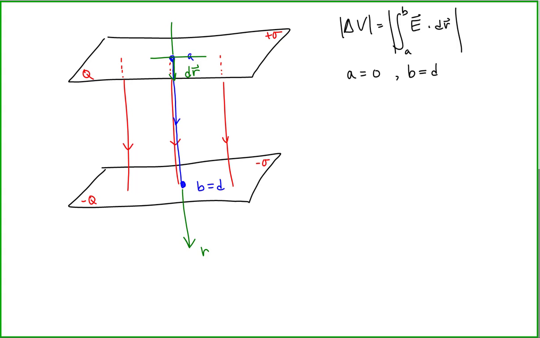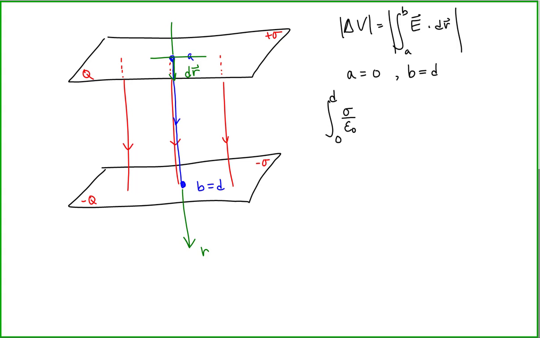So this allows us to set up the line integral from A to B, which is from 0 to d, of the electric field. Well, the electric field has a magnitude of sigma over epsilon naught. And notice the electric field is in the direction of our displacement differential.